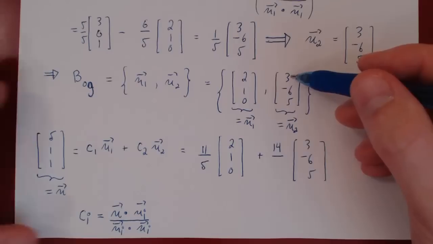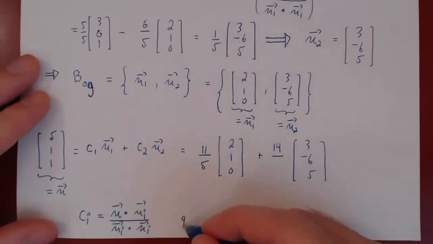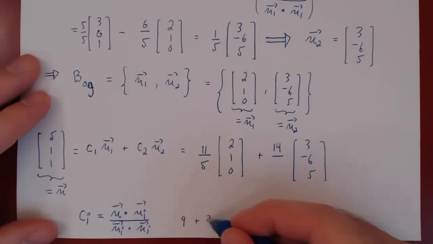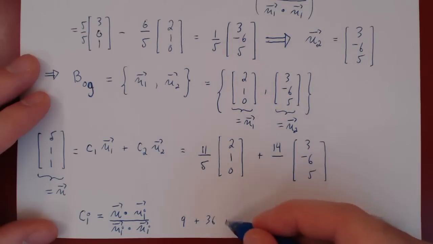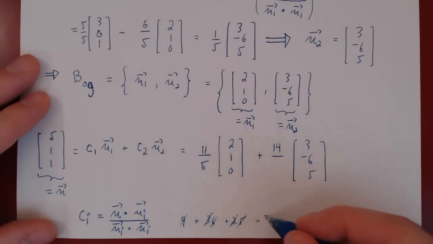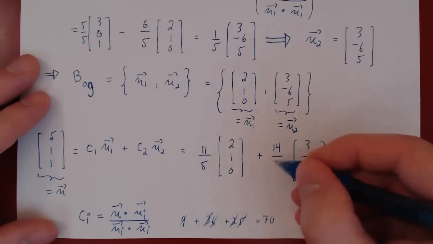So 3 times 3 gives you 9, plus 6 squared gives you 36, plus 5 squared gives you 25. If you add those up, you get 50 plus 11, 61, plus 9, 70.